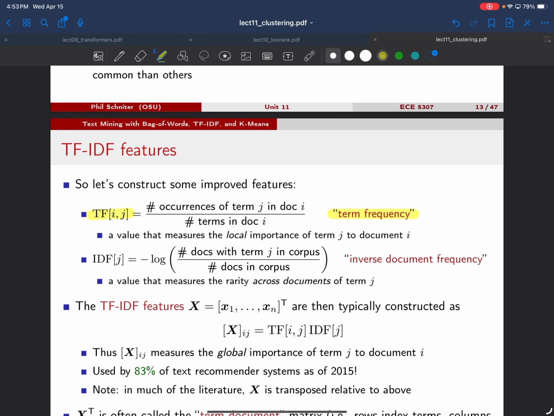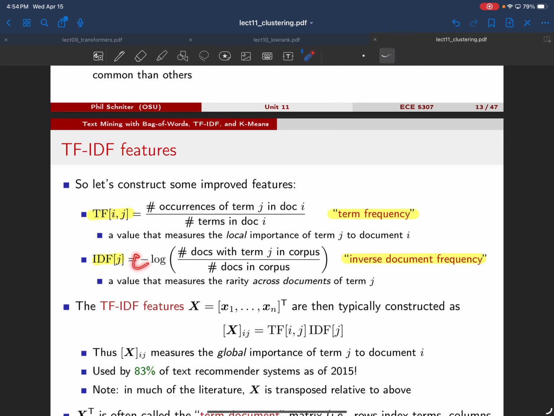And then the other thing is the IDF part, which is the inverse document frequency. And this is looking across documents. So what you do is you look at the number of documents with term J divided by the number of documents. If a term is very common, then you're going to see that it occurs over many documents, so this number will be relatively large. Otherwise, it can be relatively small. And you're looking at the negative log.